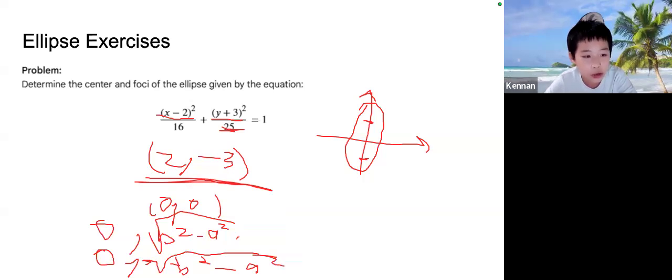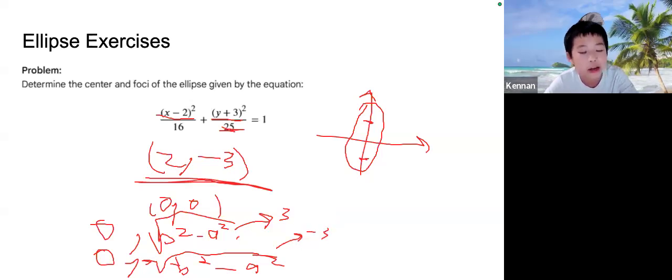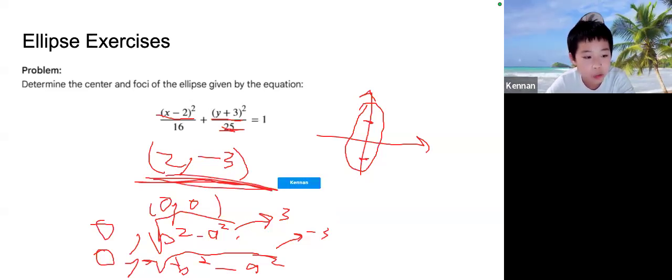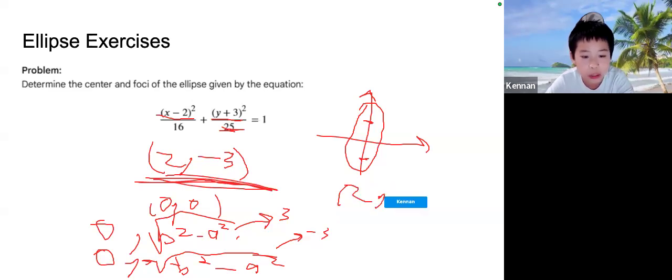Okay, and now we know this is 3 and this is -3. So now that we transform it, we add 2 to the x and subtract 3 from the y. So this is 2, 0.